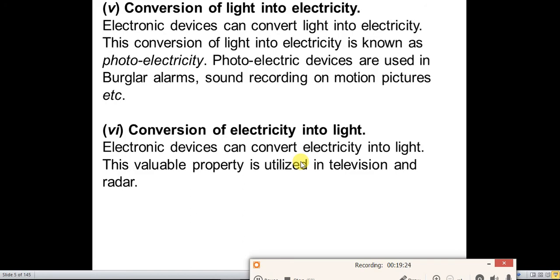So this is the application of electronics in the medical field. In defense, electronics is widely used for guiding the missiles, guiding the bombs, guiding the rockets, navigation of the ships, navigation of all the vehicles used in defense.